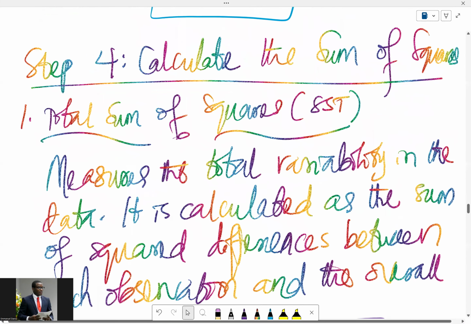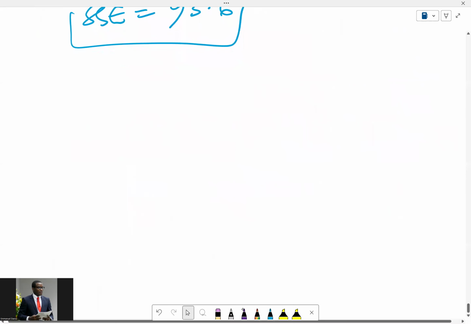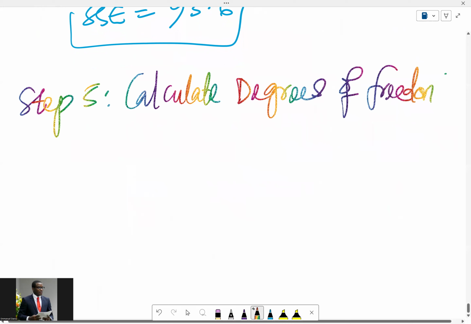So step 5 is the next thing. Let's go for my step 5, which is calculate degrees of freedom. We need the degrees of freedom. That is DF, right? So that's step 5.